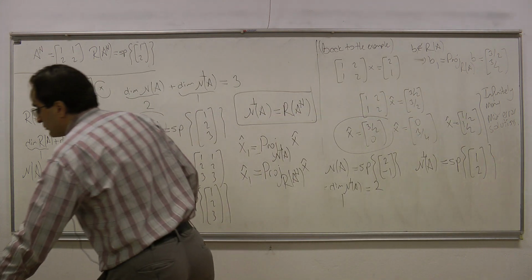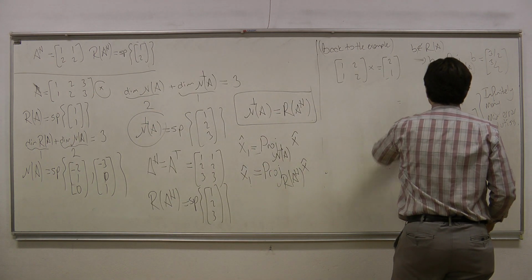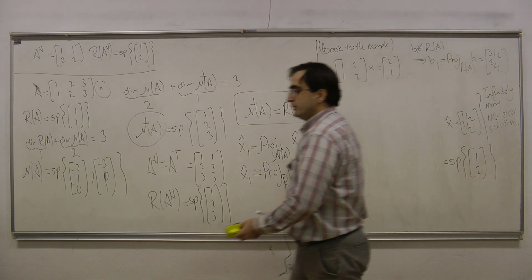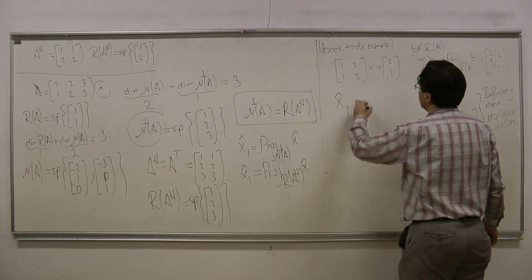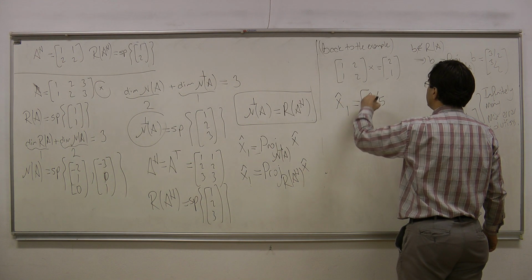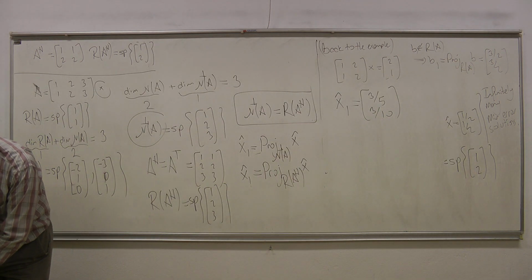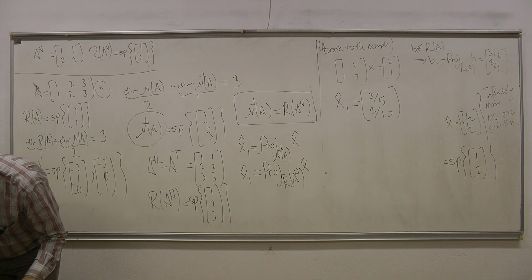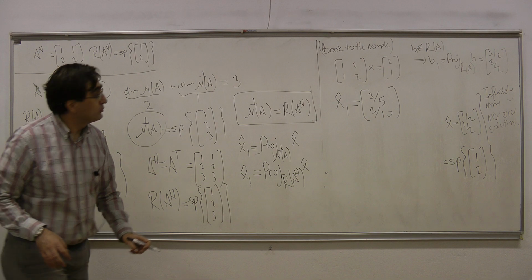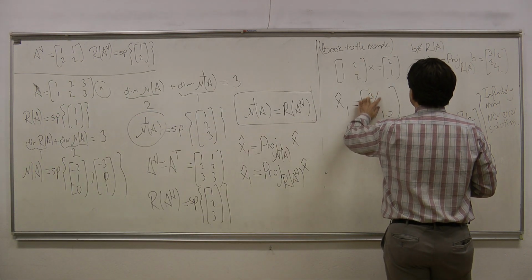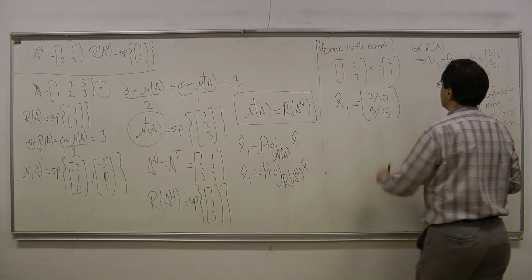In our example, what was our minimum norm solution? I have found x1 hat, sorry, I have to look at it. It is 3 over 10 and 3 over 5.